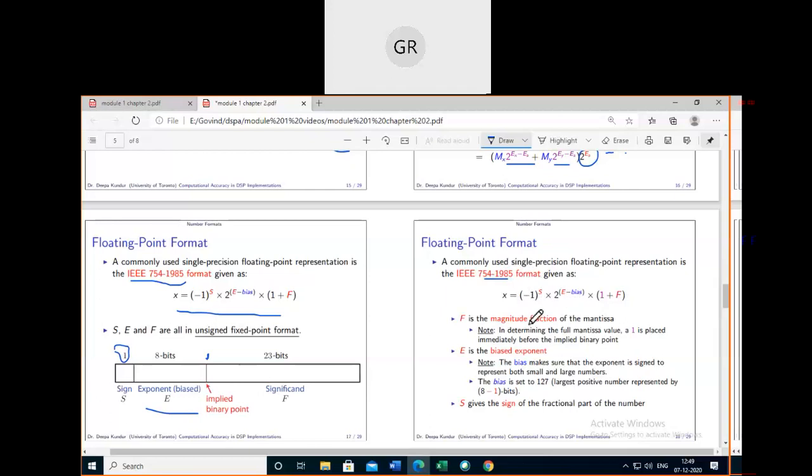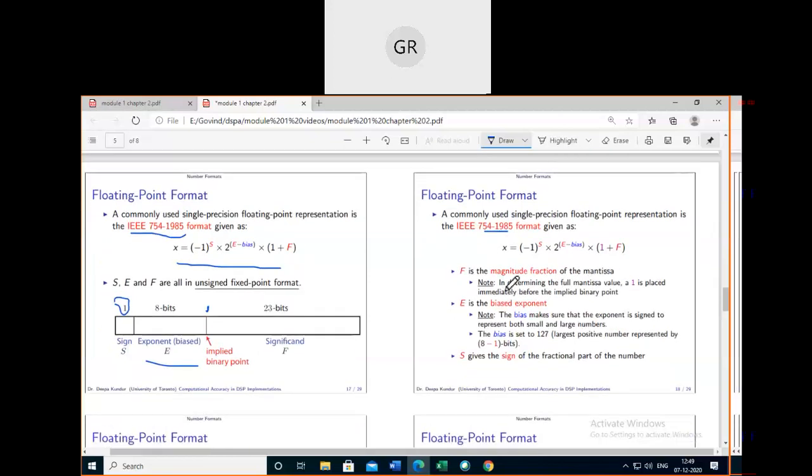Here f is the magnitude fraction of the mantissa. Note, in determining the full mantissa value, a 1 is placed immediately before the implied binary point. Later we'll discuss some problems, then we will get it.